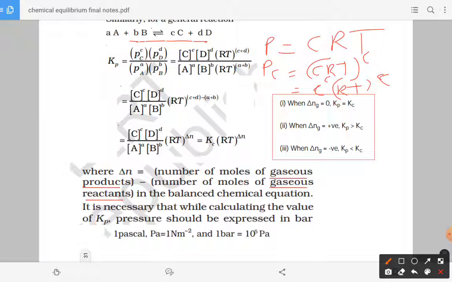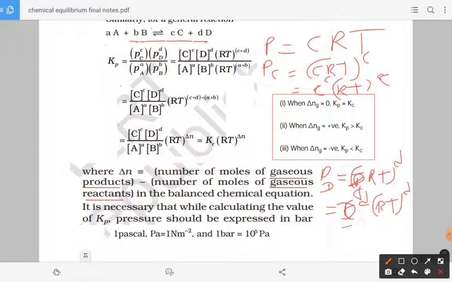Again, for the partial pressure of D, it equals the concentration of D into RT, raised to the small d. As you apply the exponent to all the terms, we get D to the power d and RT to the power d.